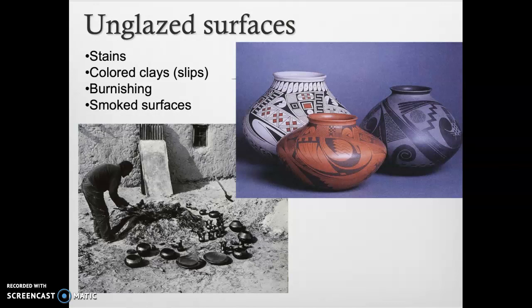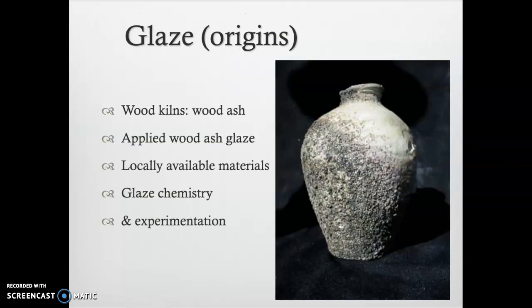Well, one of the ways that glaze developed was from ash from the wood kiln, and we're going to talk about that. The other way that glaze developed is that people experimented with mixing locally available materials into their clays.